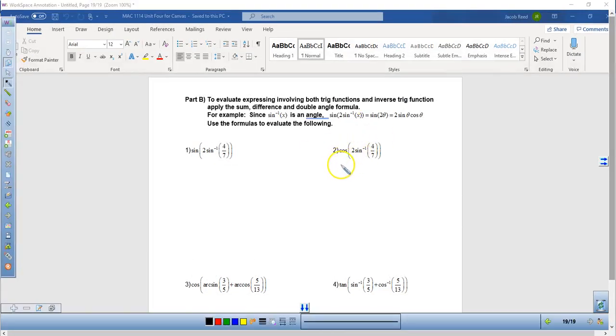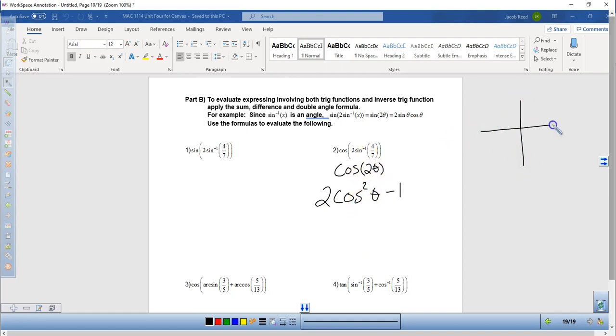All right, here we're going to be talking about cosine of 2 theta, because this is 2 times some angle. Cosine 2 theta is 2 cosine squared theta minus 1, using one of our double angle formulas.